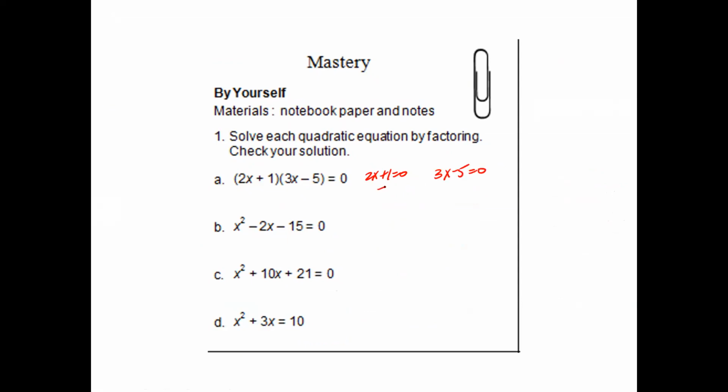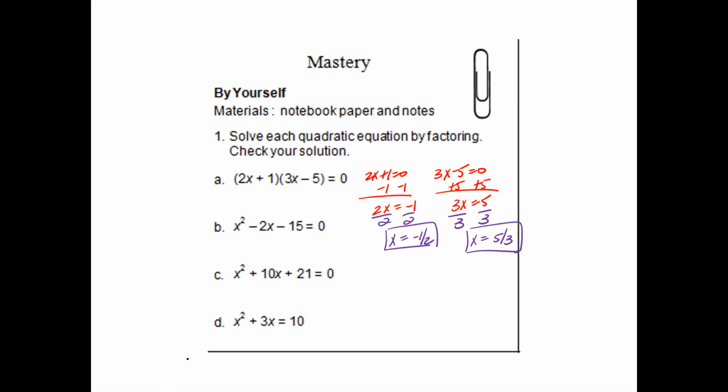First subtract the 1 on both sides, add the 5 on both sides, in which case you get 2x equals -1, 3x equals +5. Then divide by 2 on everything and divide by 3 on everything. So your first answer is x equals -1 over 2, and your second answer is x equals 5 over 3. And that is your answer.